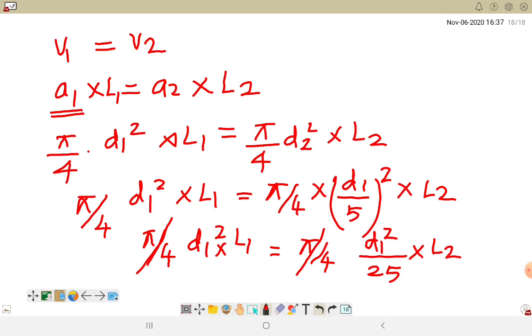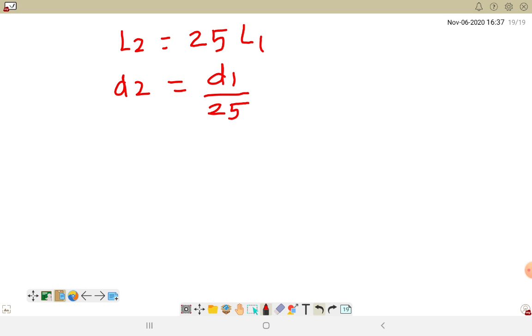Both the pi/4 get cancelled, and D1 square gets cancelled. So now we get the answer L2 equal to 25 L1. Both the values are known.